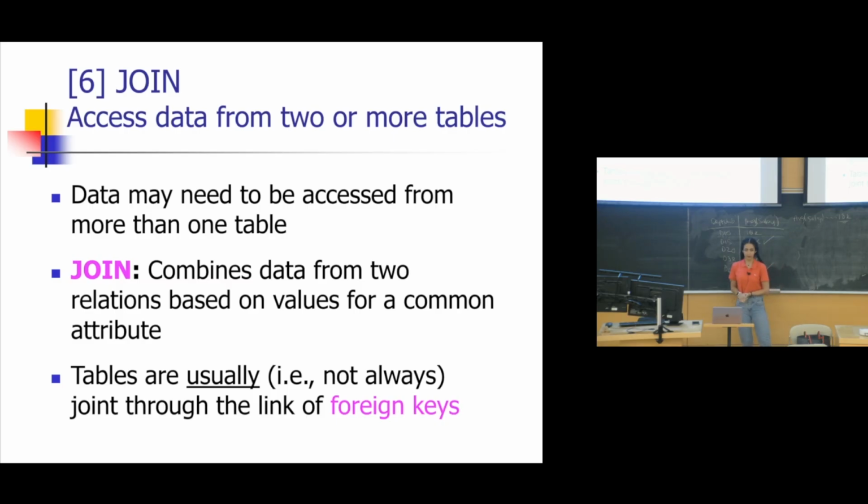So if I ask you, for example, to find a staff name, salary, and their location: staff name and salary are in the staff table, on the other hand, the location is in the organization table. So you need to join these two tables, right?